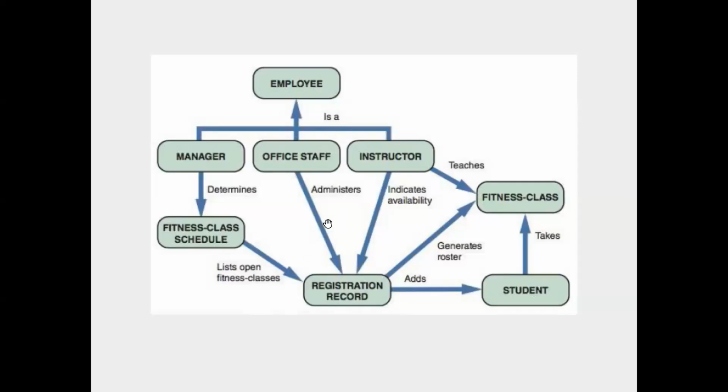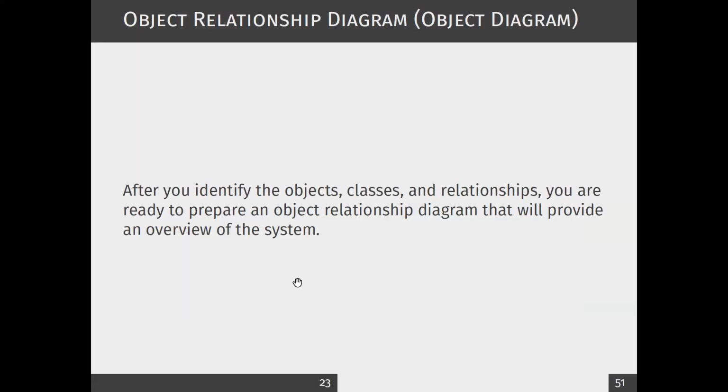And depending on that, it will generate the roster where the instructor and student take place in the fitness class. And the registration record will add the students. So this is a very brief overview of how the classes, or in other words the objects, interact, right? So this is called an object relationship diagram.